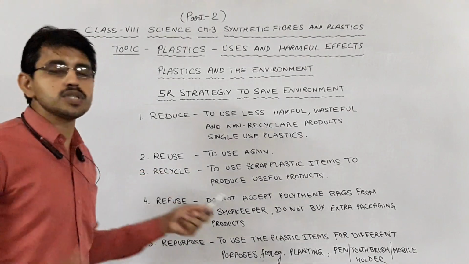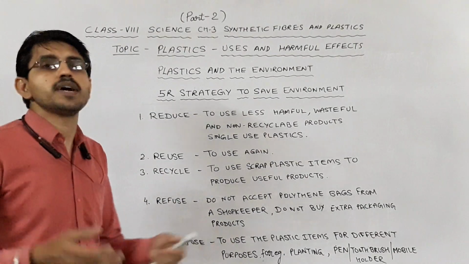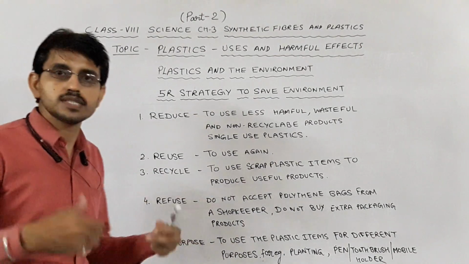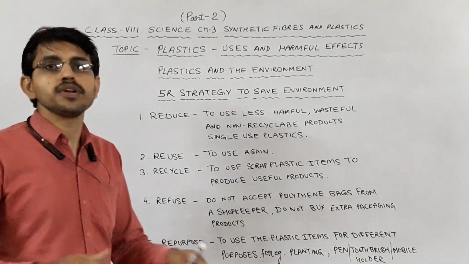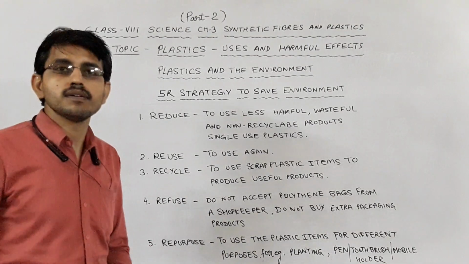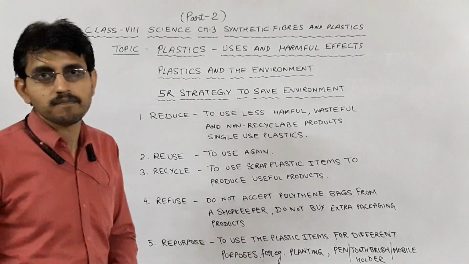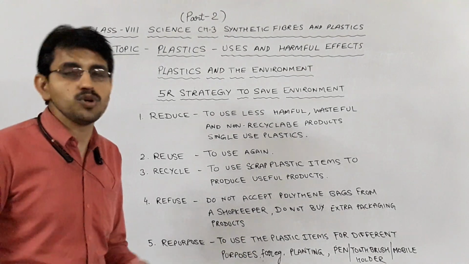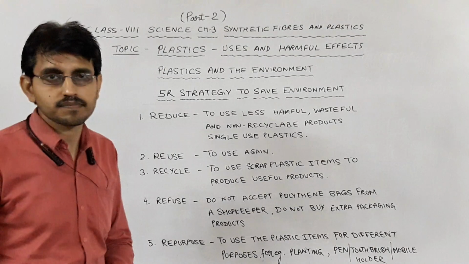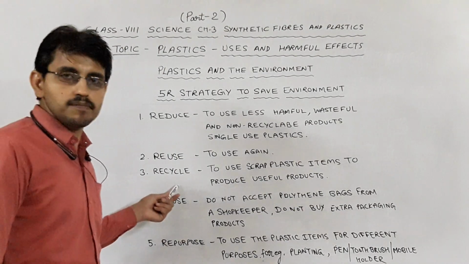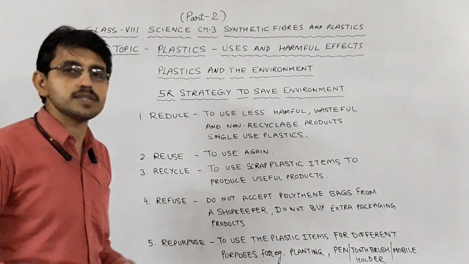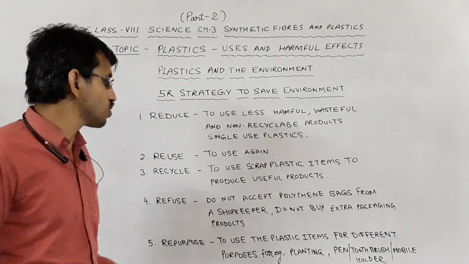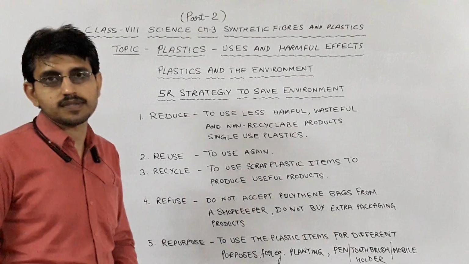Next, we have the reuse strategy, which is much better. Because if we use the same plastic container or plastic jar at home for storing things in the kitchen, then definitely we do not need to buy new plastic items. Recycle is another strategy in which scrap or waste plastic items can be used to produce useful products.